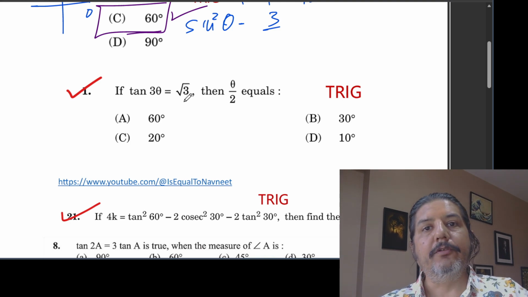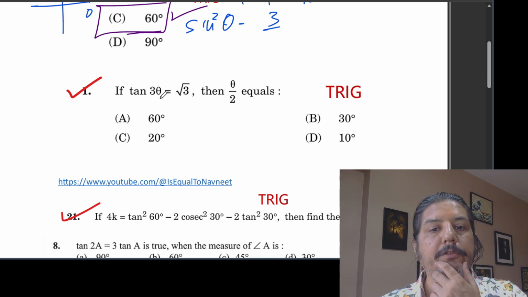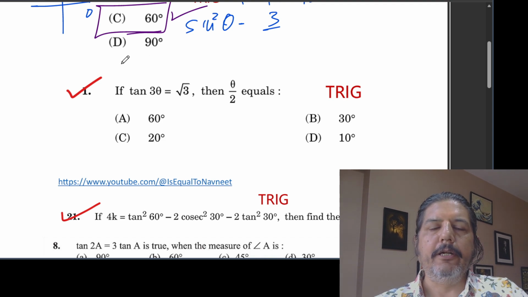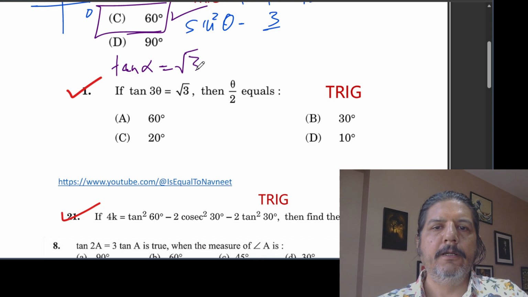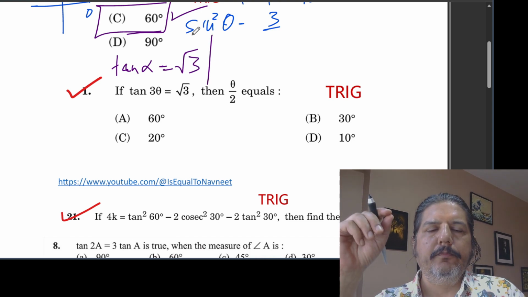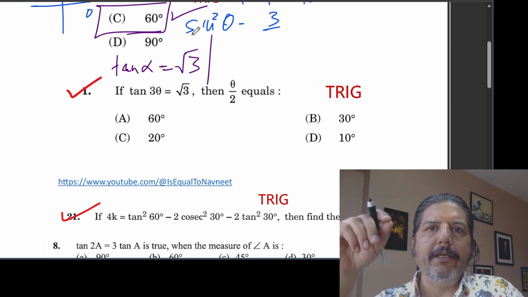So tan 3θ is equal to root 3, then θ by 2 equals? Let me simplify this. If I ask you tan α is equal to root 3, what I'm asking is which angle α will give the tan as root 3.